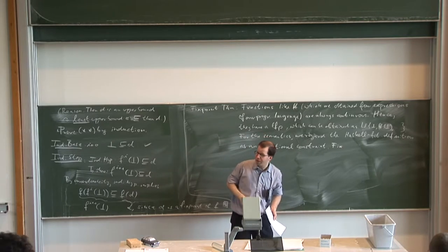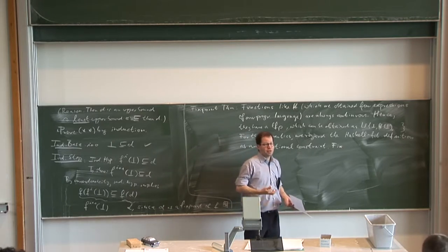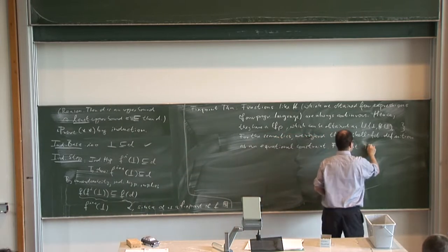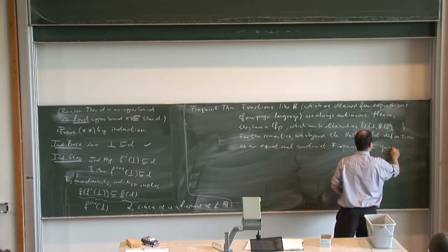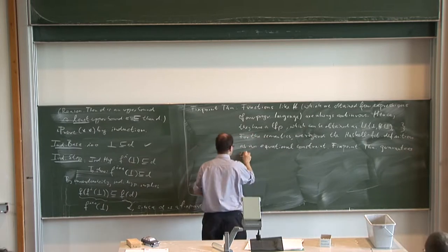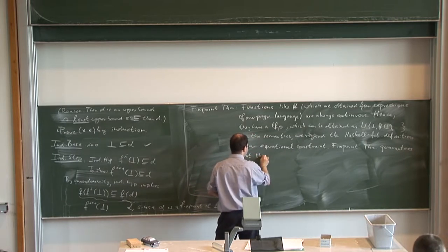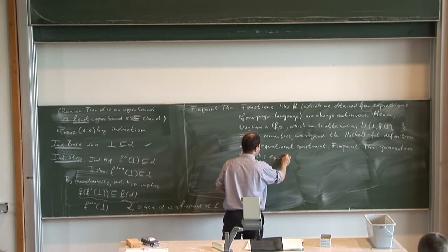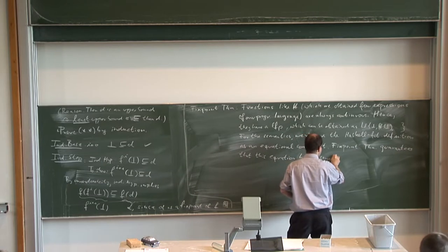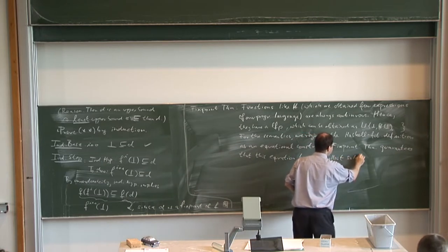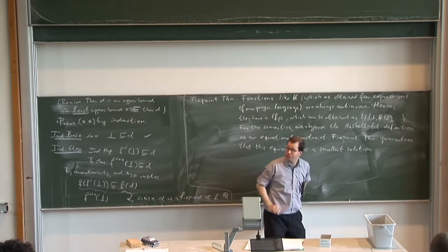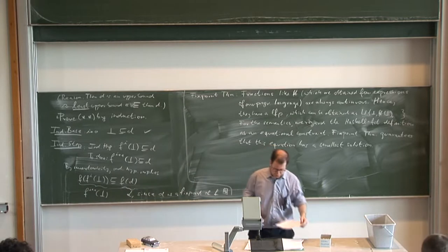So such an equation may have many solutions, but for the semantics we take the smallest one. So the fixed point theorem guarantees that this equational constraint has a smallest solution. And so we can define the semantics of fact to be the smallest solution of this equation, because we know that it exists.